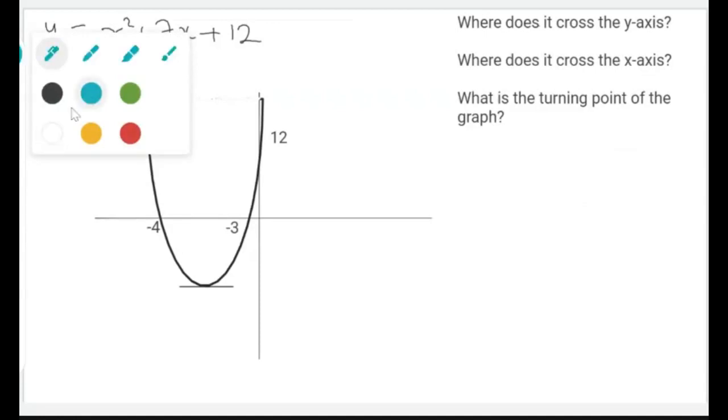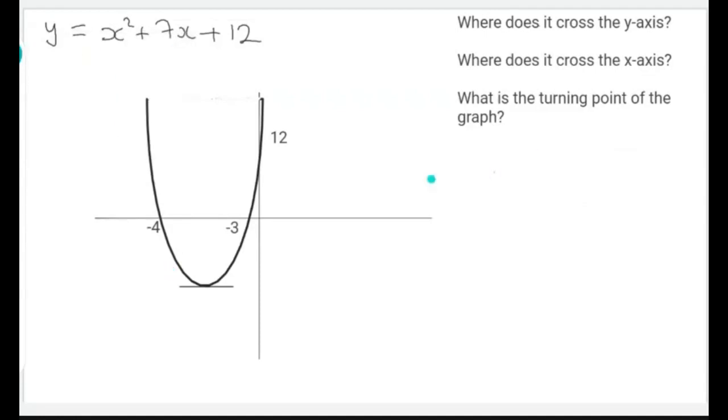Now, to work out the turning point, there are two ways you can do it actually. You can use completing the square or you can use differentiation. What method would you prefer?